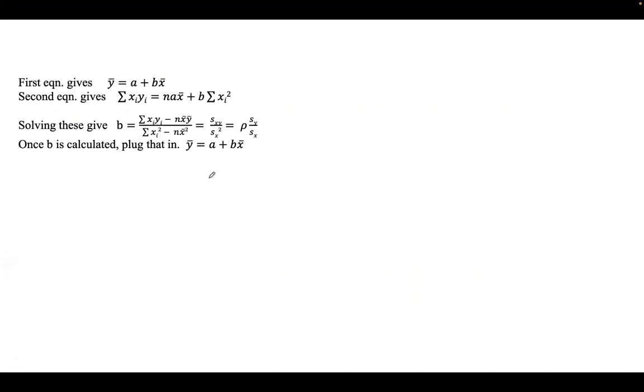So we have y bar is equal to a plus b x bar. Now this value of b we can write here. This becomes y bar is equal to a plus rho sigma y by sigma x into x bar, right?